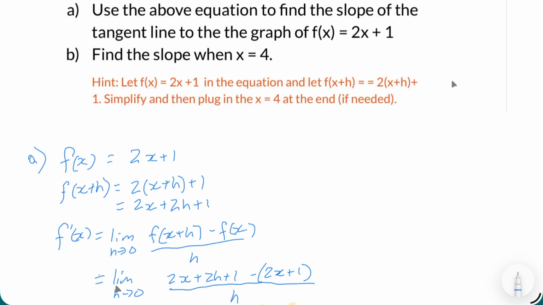So now it becomes the limit as h approaches 0 of 2x plus 2h plus 1 minus brackets 2x plus 1, which is your f of x. So you put your whole f of x value in the bracket here. And then we can distribute the minus through in the next step, all of this divided by h.